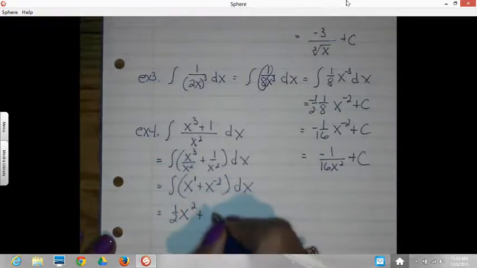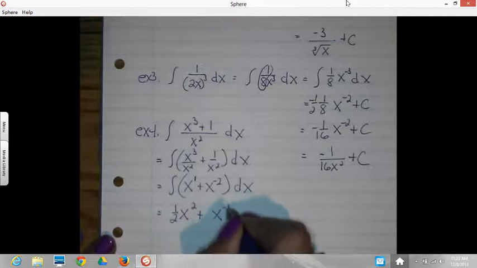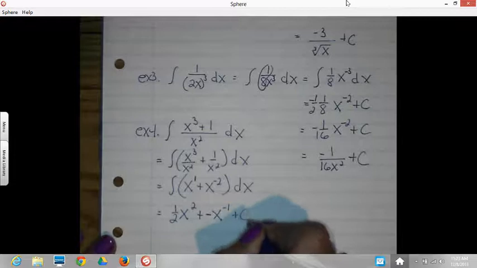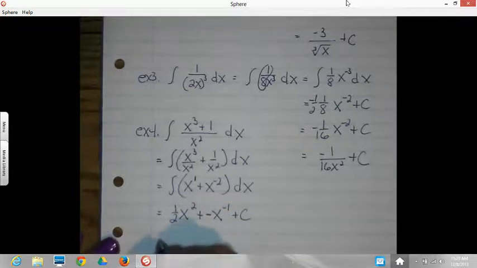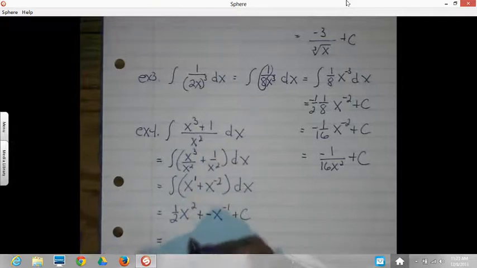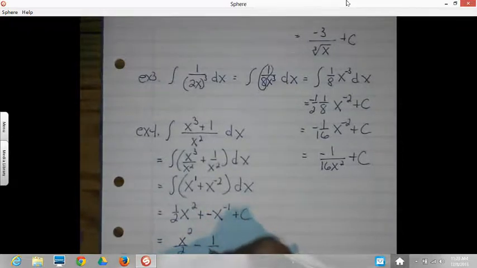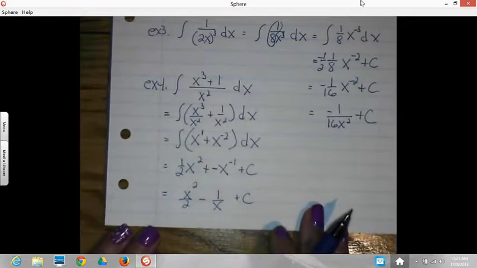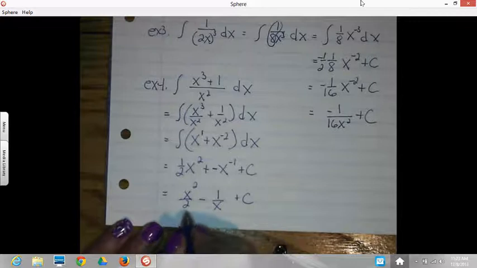That's x to the -1. Its reciprocal is -1. So now, if I go back to the original format, I have x squared over 2 minus 1 over x. Getting a common denominator, my common denominator is going to be 2x.